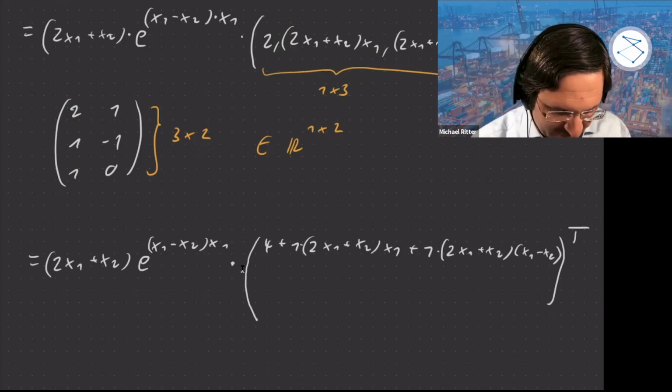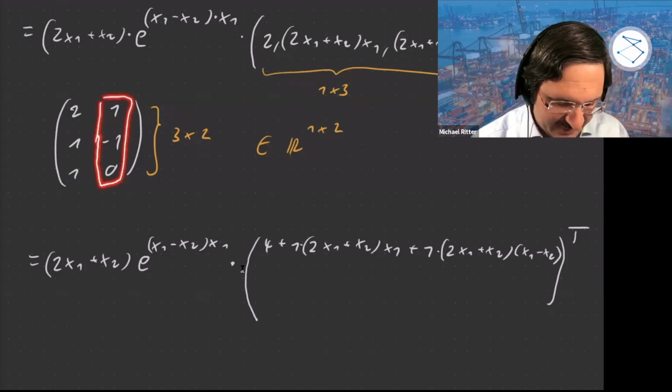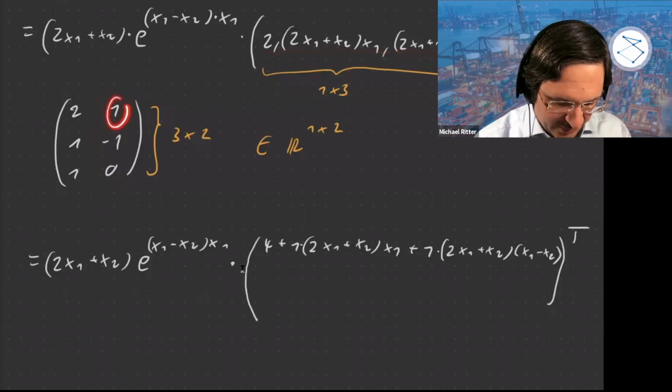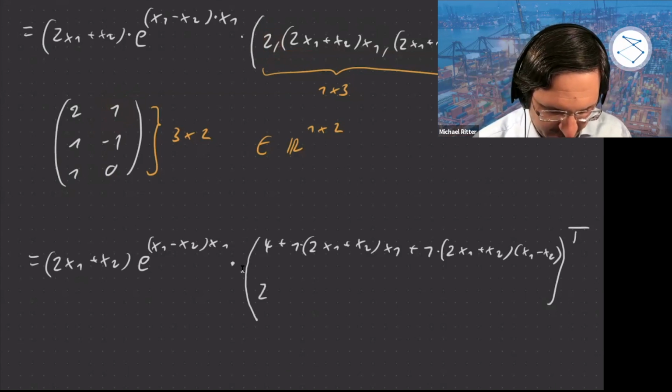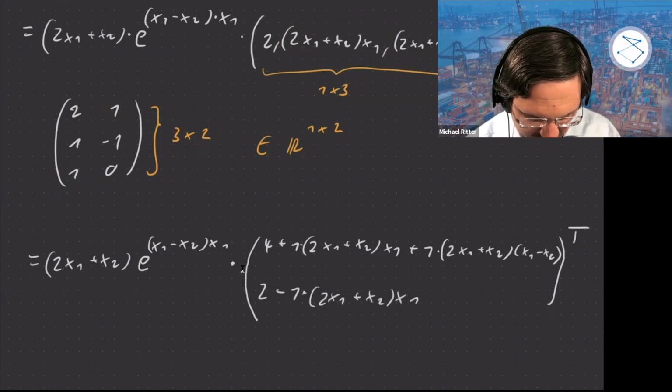And for the second one, that's a little easier. I need to multiply this column here with this row. So I get 1 times 2. That's simply a 2. Then I have minus 1 times this expression here. So I get minus 1 times 2x1 plus x2 times x1.